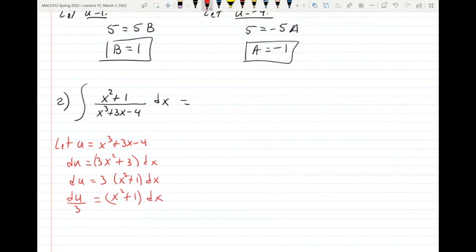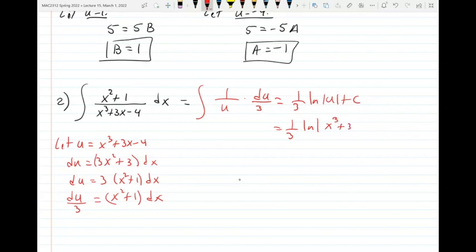Do you understand this? So this integral becomes 1 over u times du over 3. So this is 1 over 3 ln absolute value of u. So that's just 1 over 3 ln of x cubed plus 3x minus 4. And we are done.